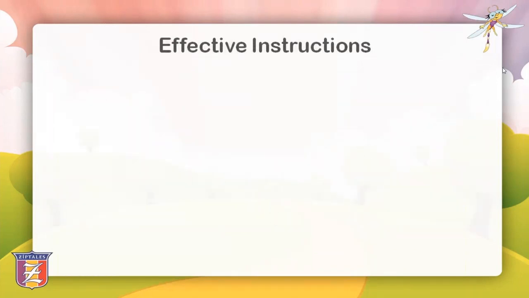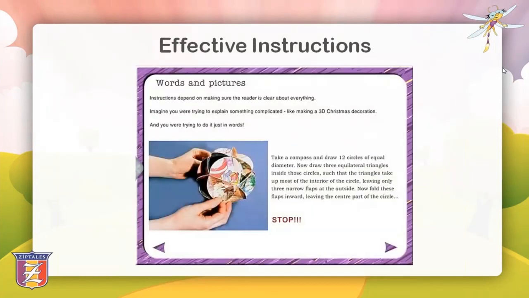The next thing discussed is how to make difficult technical matters understandable. The sample used is explaining how to make a 3D Christmas decoration, a very, very complex task. Trying to describe something really complicated like that in words alone is modelled.